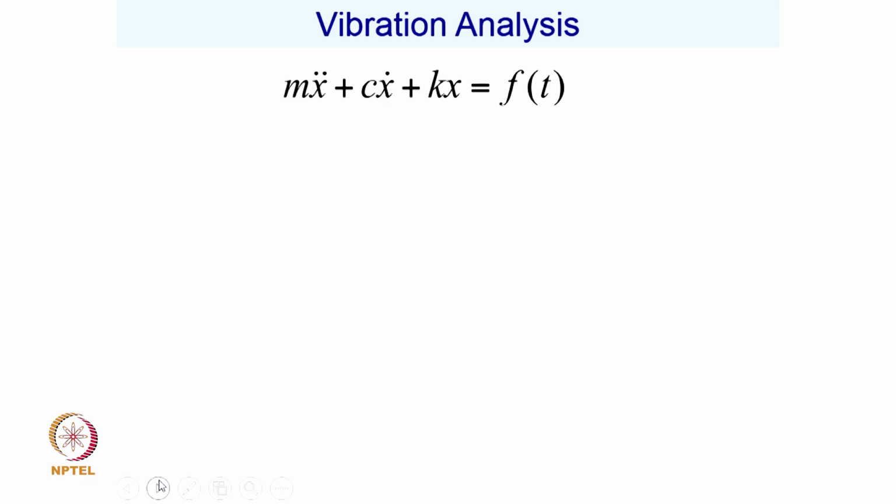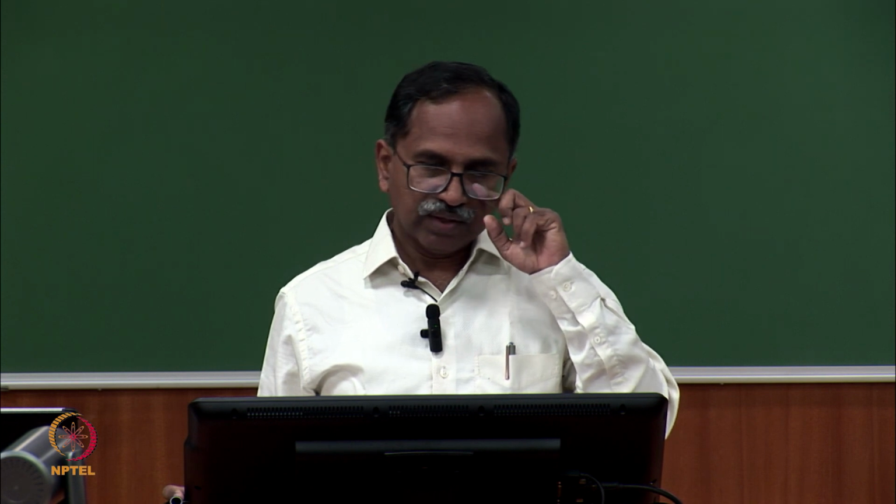Each of these three elements are the main system elements, and the corresponding parameters like stiffness, damping coefficient, and the inertia or mass of the system are the main vibration system parameters.